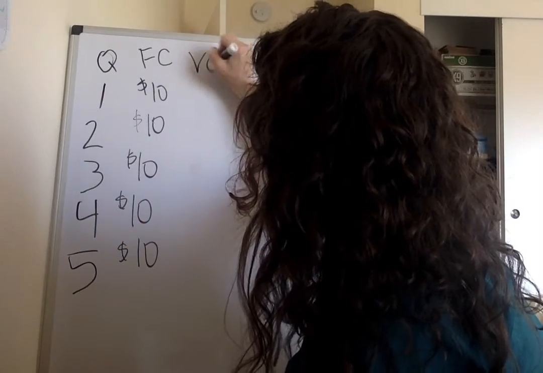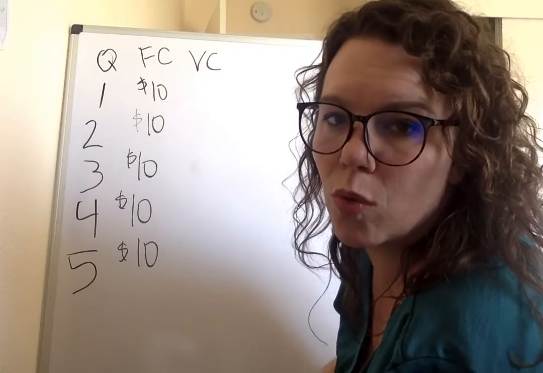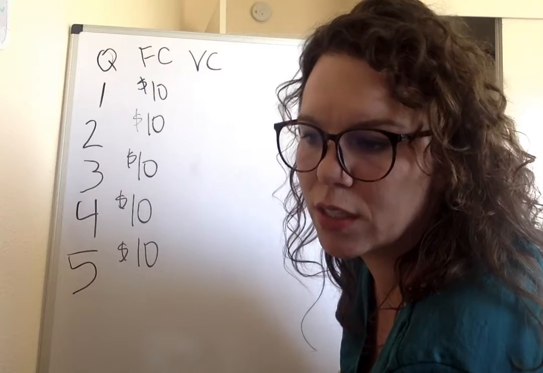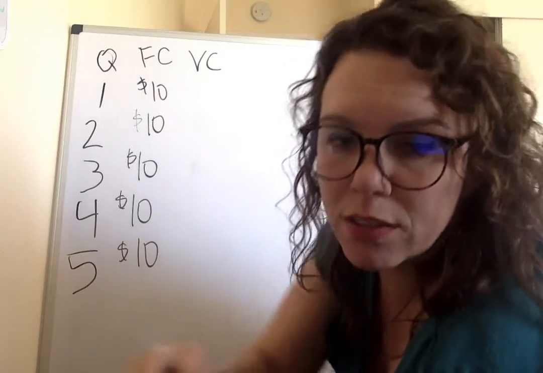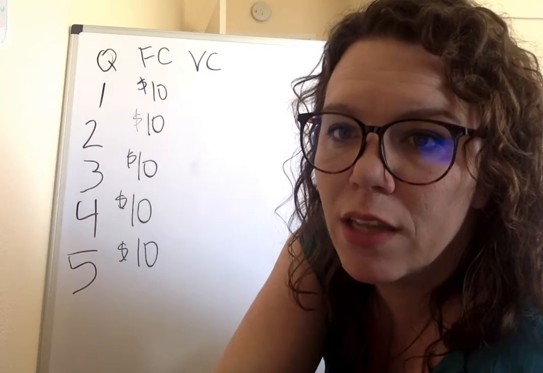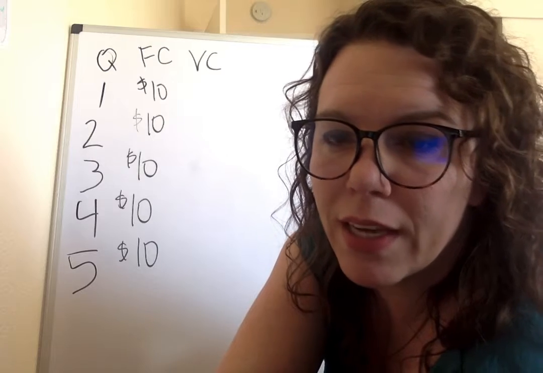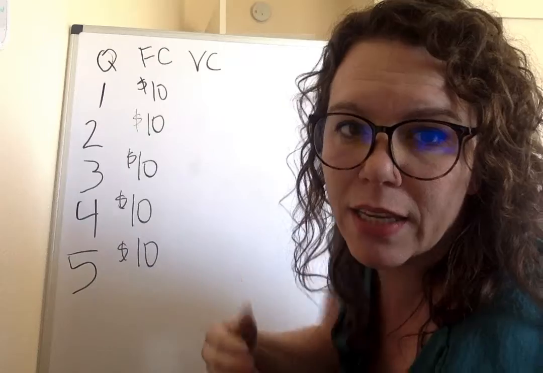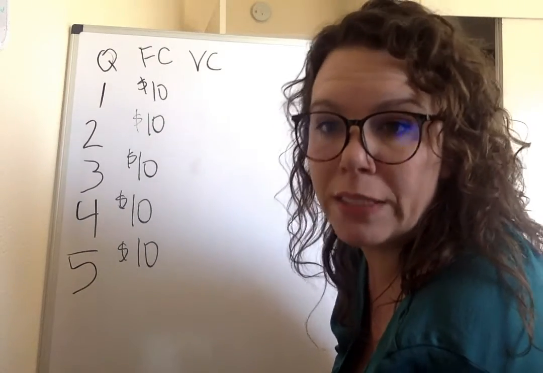Our variable costs, on the other hand, those are the ones that scale up and scale down as we increase and decrease production. So it's going to increase as we produce more units and decrease as we produce fewer units. And that's going to be where we get a little bit more variation in our costs. And so we can think about that as being things like labor and materials.